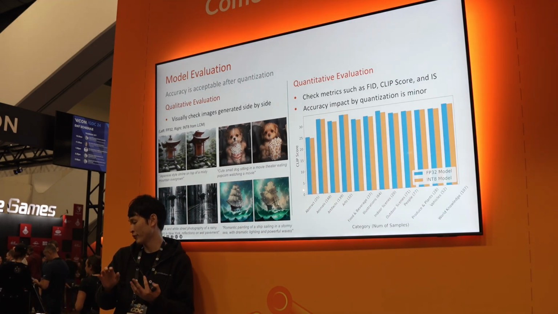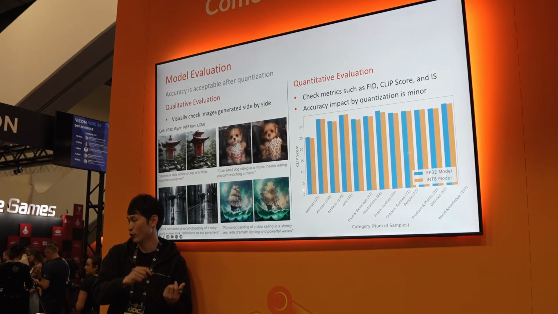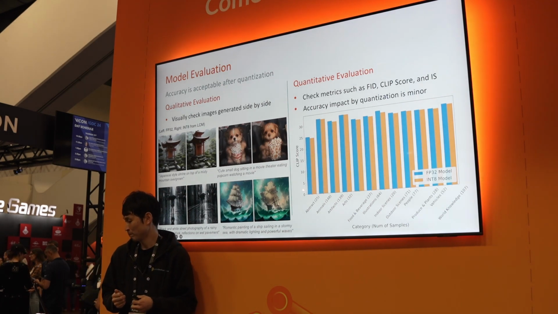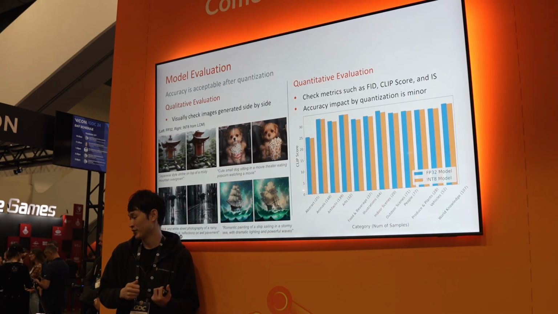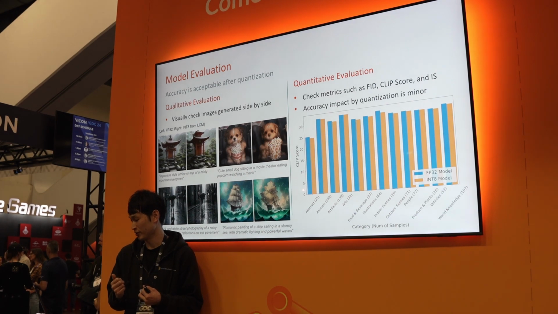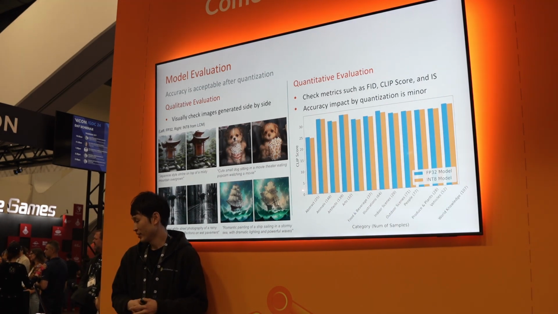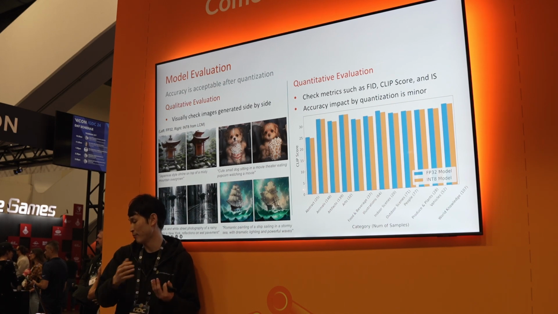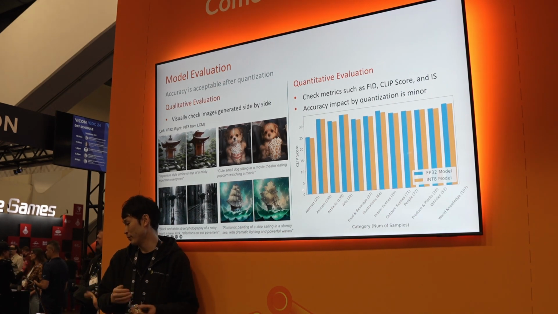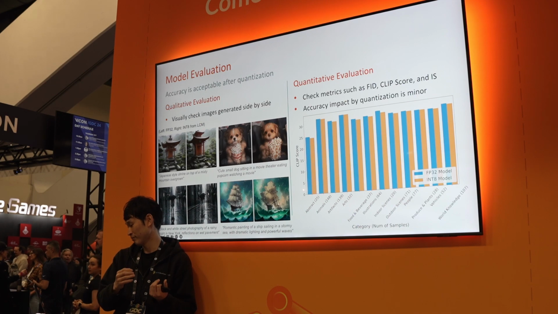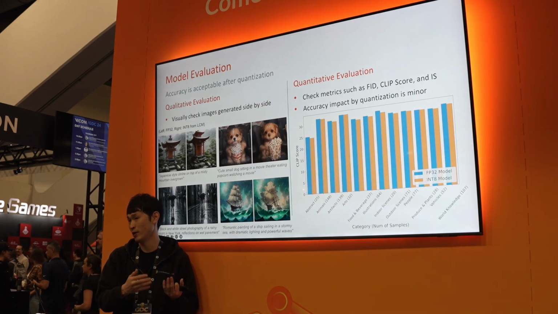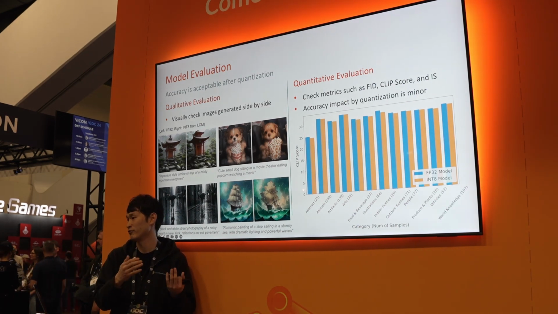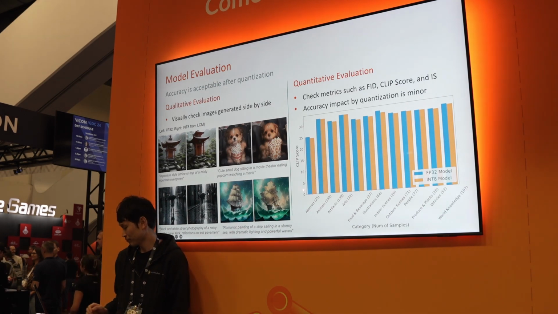The graph here shows the CLIP score before and after quantization. Blue is before quantization, orange is after quantization, and the higher the better. Quantization slightly lowers the score, but the impact is minor. And maybe you can see that in the qualitative evaluation too. Maybe you can judge these results are acceptable.